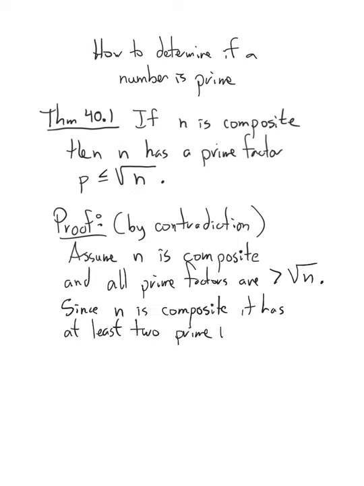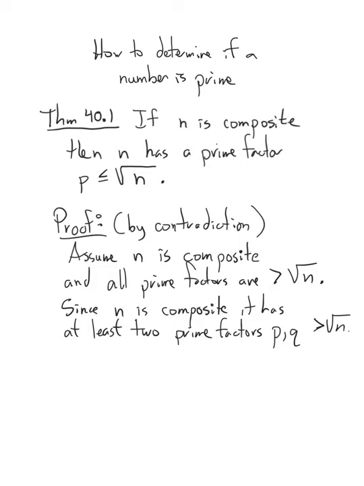They could be the same, but we'll call them P and Q, and they're both greater than the square root of n.